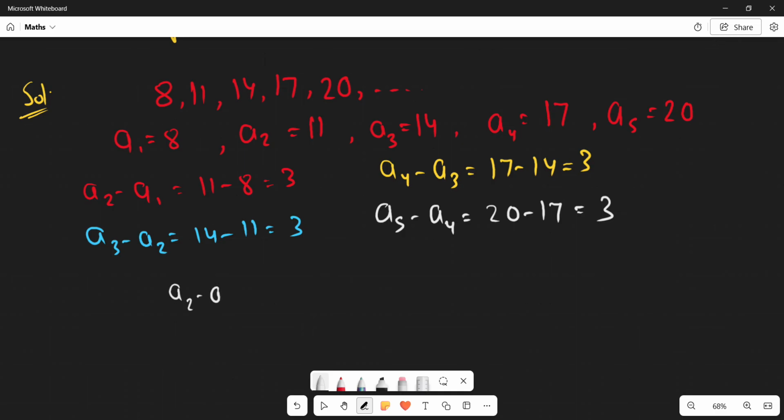So A2 minus A1 equals A3 minus A2 equals A4 minus A3 equals A5 minus A4. So since the value of all the differences of the terms is the same, this sequence is forming an AP. I'm sorry about the last one, this will be A5 minus A4.